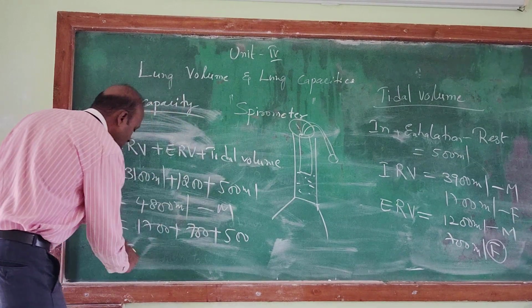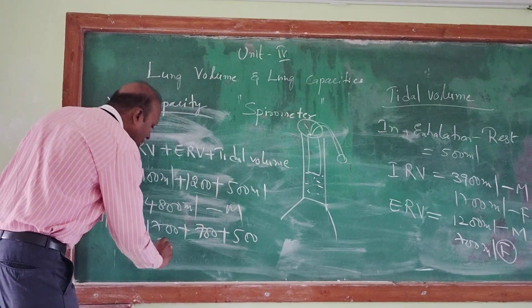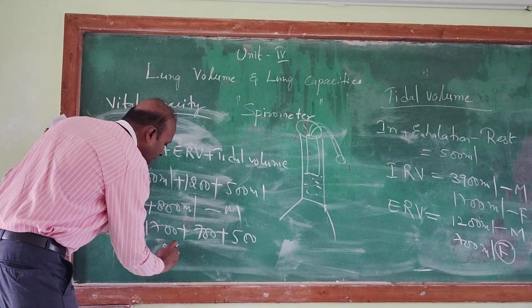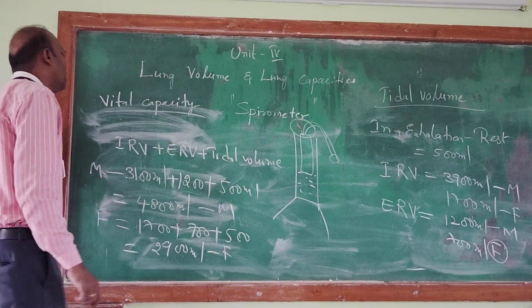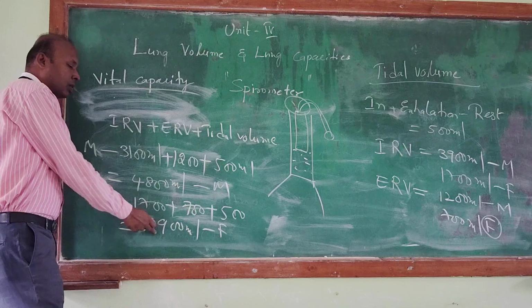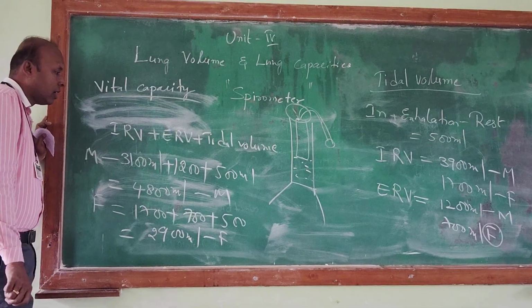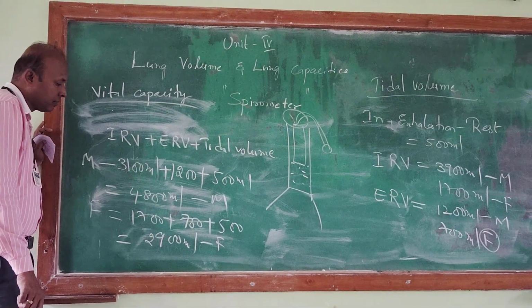How much? 2,900 ml. So in females, the vital capacity is 2,900 ml.